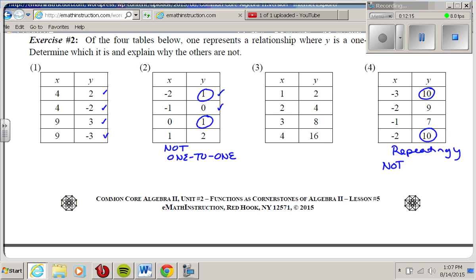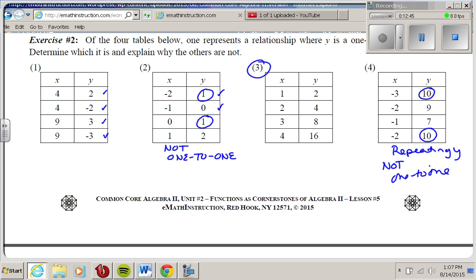So this is also not one-to-one. So with this one, this value here is my one-to-one function.